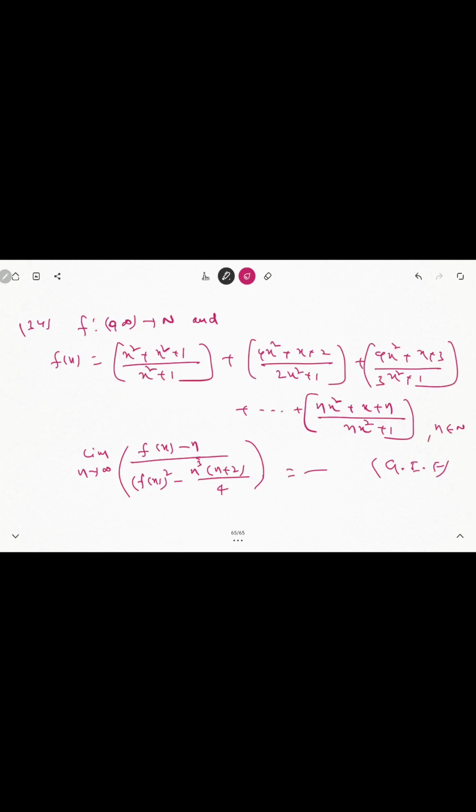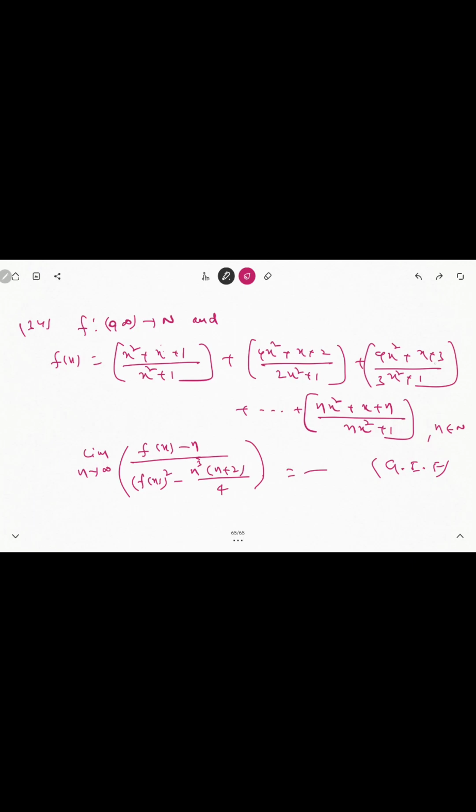Okay, another one. F maps the open interval 0 to infinity to N, the set of natural numbers, and f of x is the integer part of x square plus x plus 1 by x square plus 1. Again similarly 4x square plus x plus 2 by 2x square plus 1 inside the box.